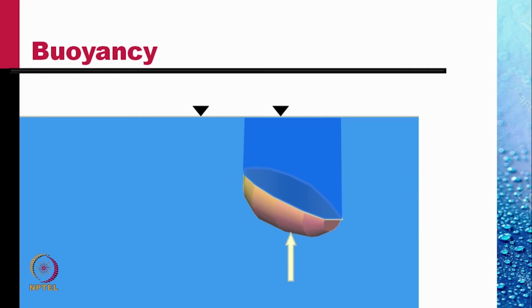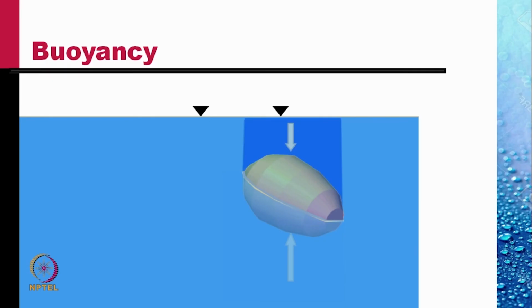Now, the other half of the surface supports this column of water above it. So the pressure force on this upper half of the body is downwards, equal to the weight of this column of water.